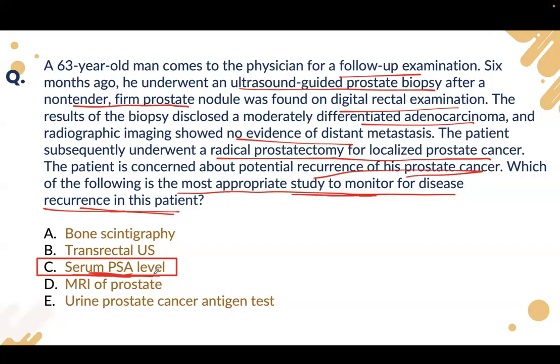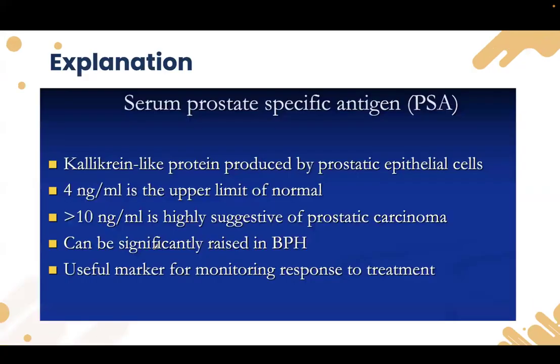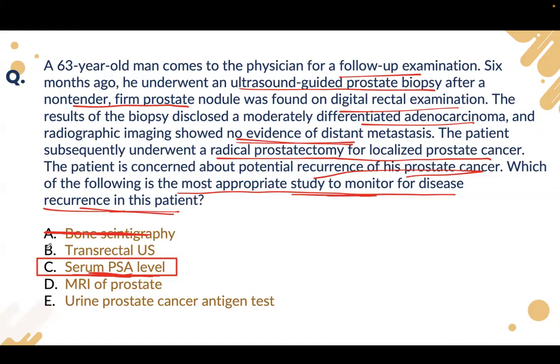So would you do bone scintigraphy? It's basically for metastasis. The patient did not have metastasis in the beginning, and is not complaining of any other symptoms, so it won't be of great benefit. Transrectal ultrasound guided biopsy is used to confirm the diagnosis of prostate cancer.